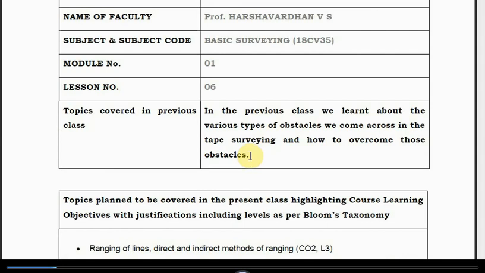If you are surveying and you come across a building, you cannot see from one side of the building to the other side, and also you cannot directly measure the length from one side of the building to the other side. So building is a perfect example of obstacle to both ranging and chaining.